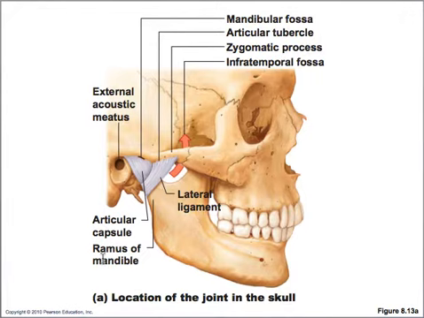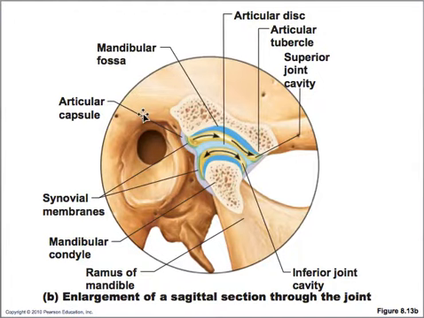All of these things we remember are bone projections and depressions. And again, we have ligaments attaching the bones together. Here we see the sagittal section through the joint. So a sagittal cut through the joint, dividing into a right and left half. And we see the synovial membranes and the inferior joint cavity, so inside this joint.